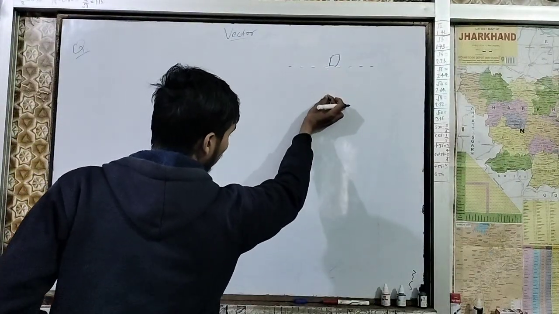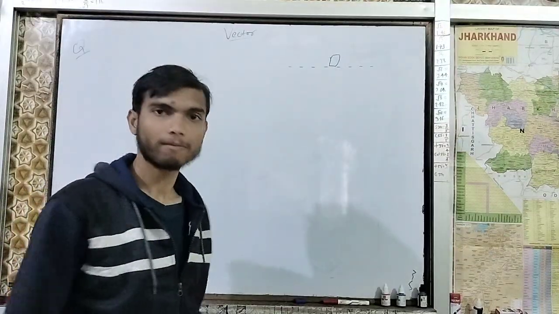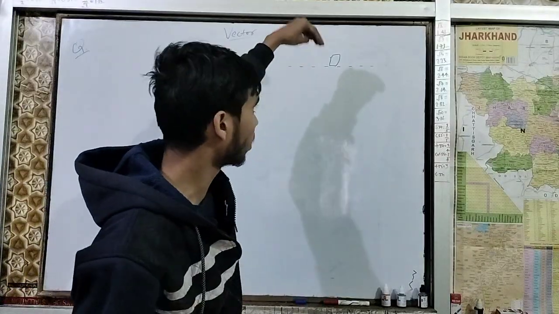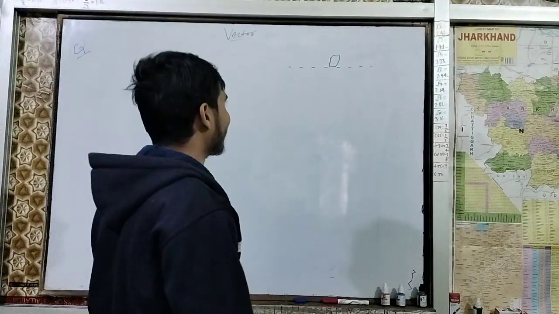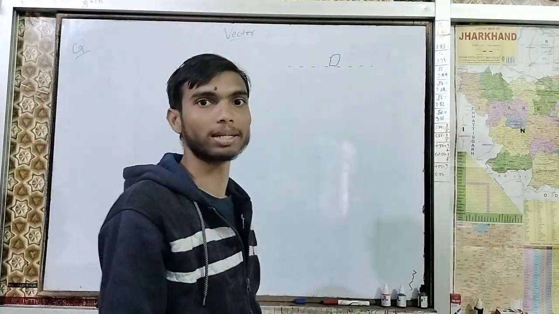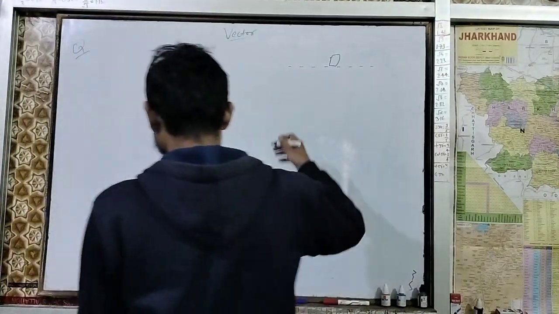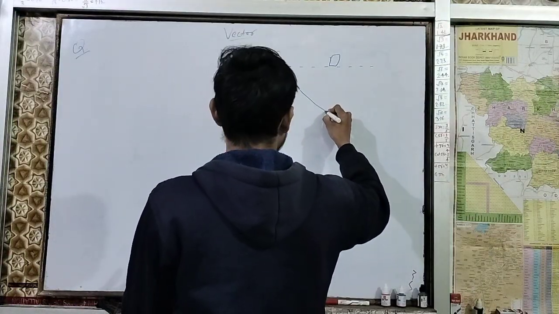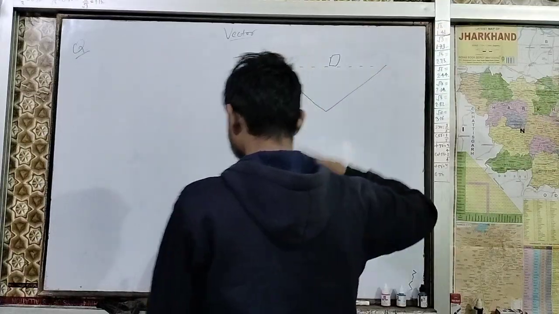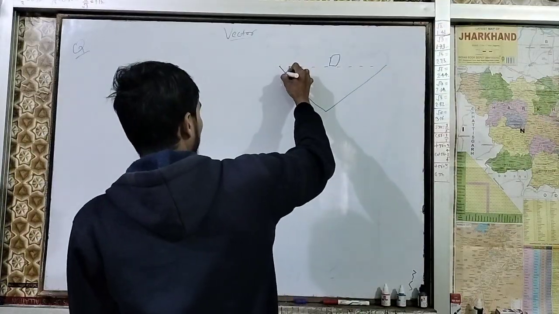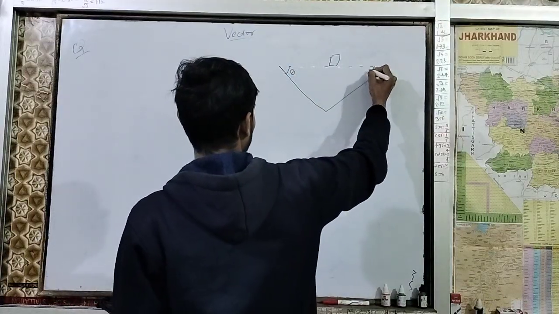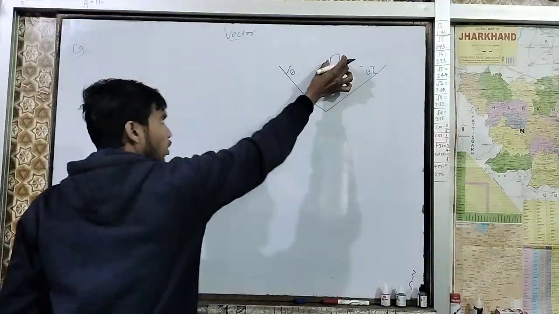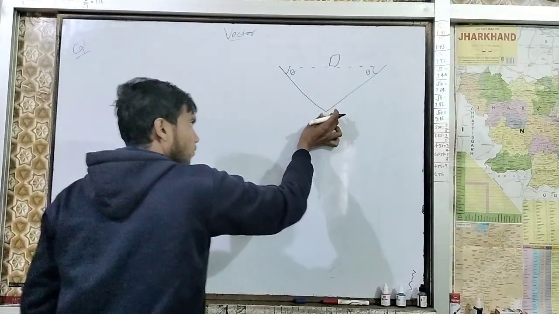This came downward a little bit, because the weight mg is pulling downward. So of course there will be theta on both sides. Initially the object was over here, but finally the object came over here.